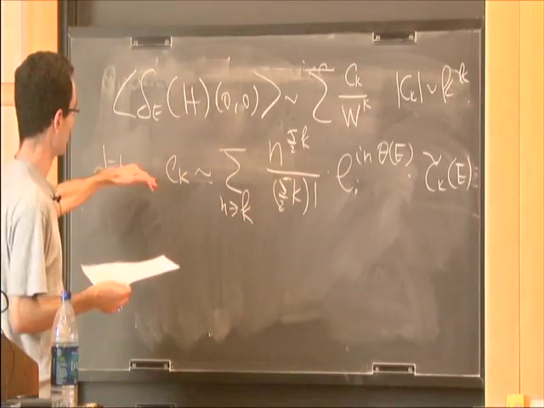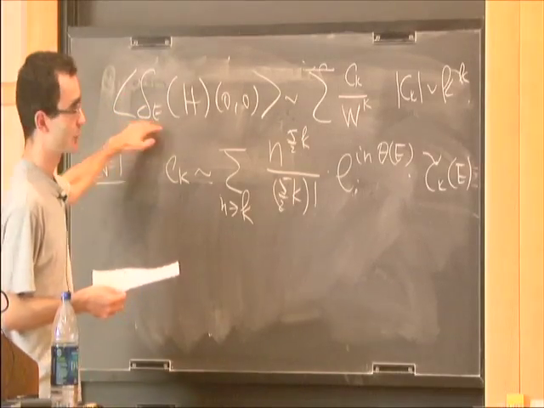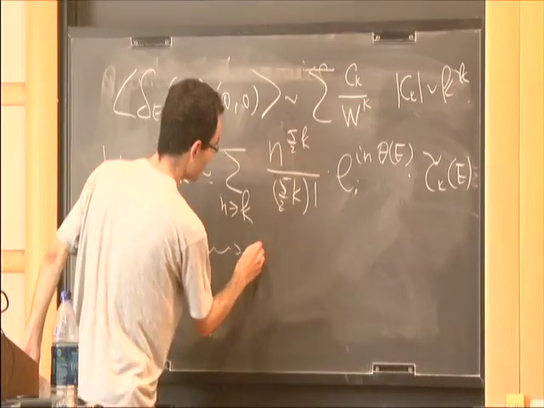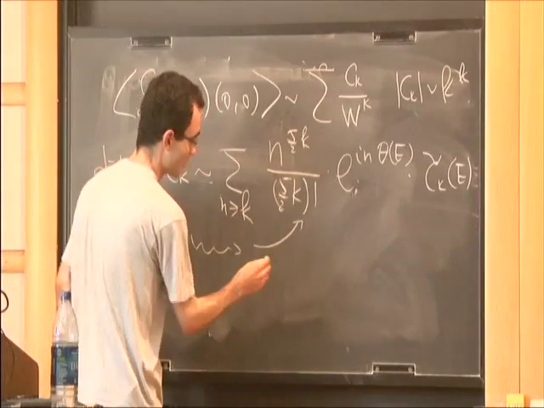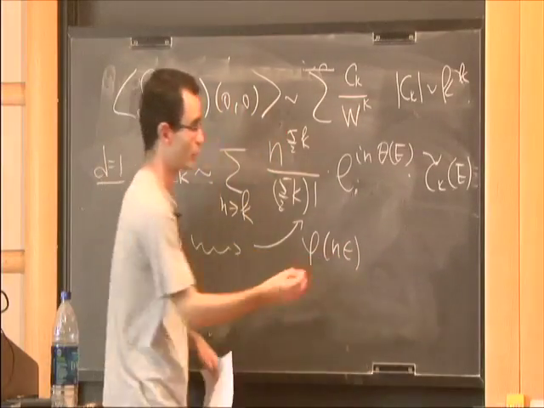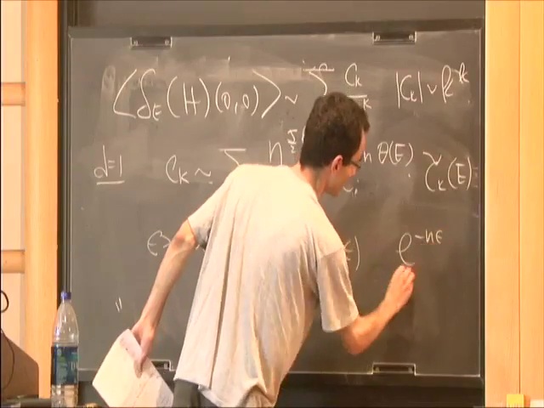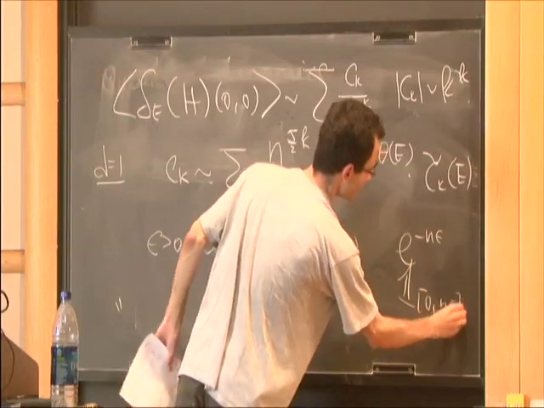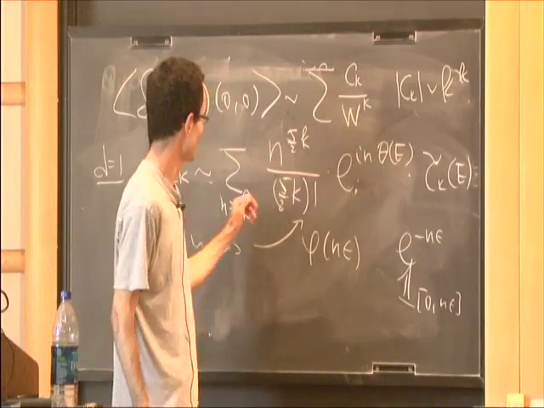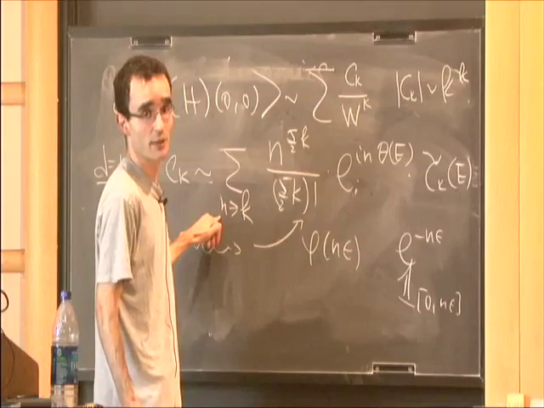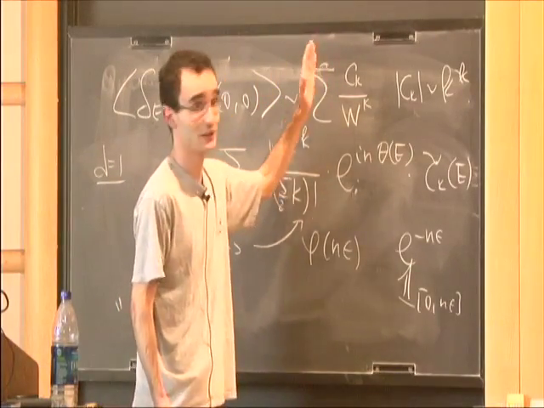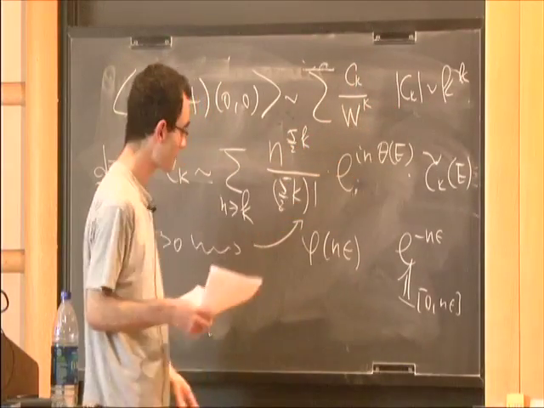So if instead of a delta function we take an interval of positive length, it allows us to introduce here a regularizing factor of the form phi of n epsilon, where phi is some decreasing function; you can think about e to the minus n epsilon, or the indicator of 0 to n epsilon. So basically it allows us to cut off the part of the series where n is larger than 1 over epsilon, and so also to cut off all the part here where k is greater than 1 over epsilon.